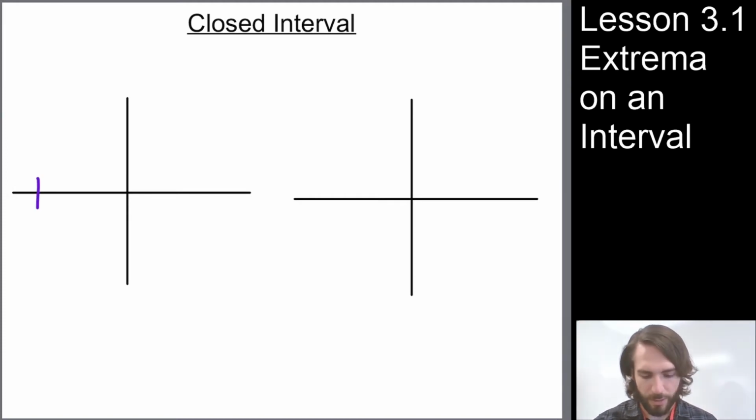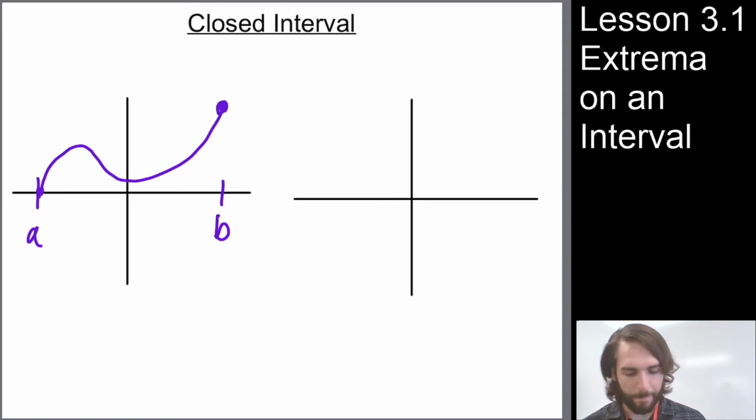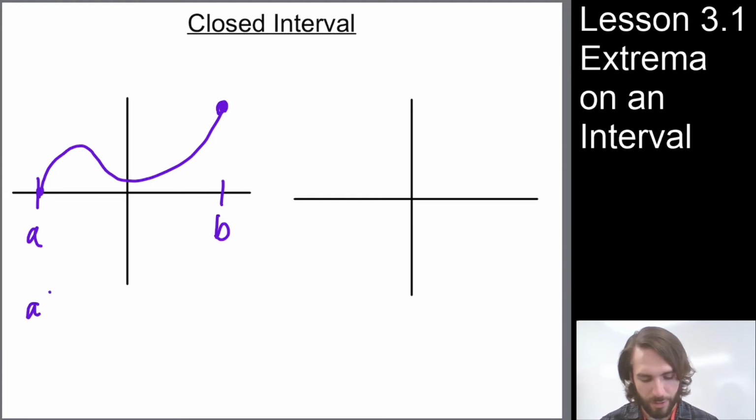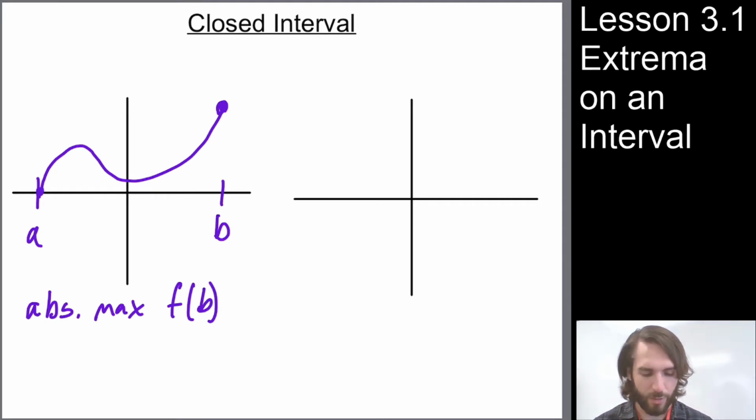So we have a closed interval from a to b, which means the endpoints are included. Let's say we have a function that looks kind of like this. We would say that the absolute maximum of that function is f of b. If we're looking at y values, the highest point there is f of b.